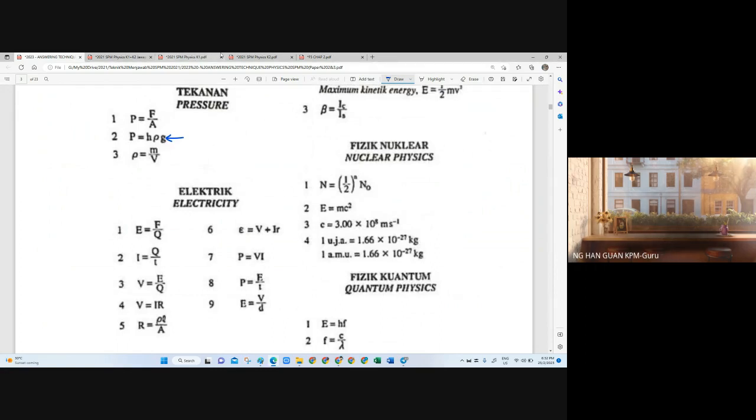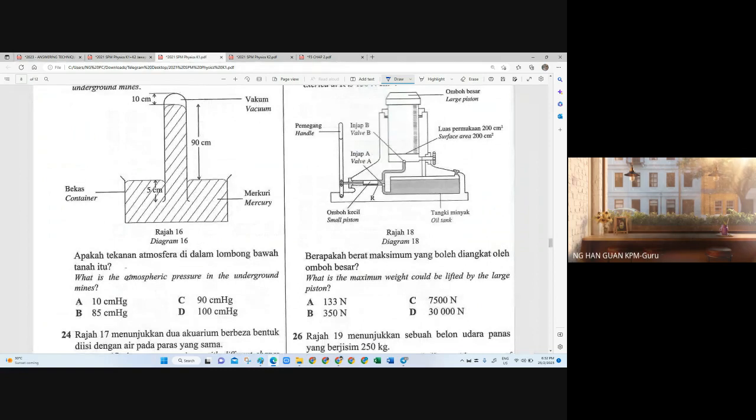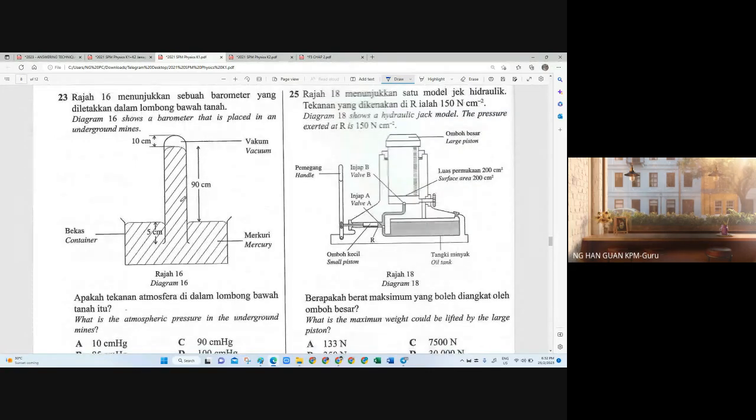All right, let's see the other questions. Example: what is the atmospheric pressure in the underground mine here? It tells you there's a vacuum inside here, and it reads 90 centimeters. Why does it say atmospheric pressure? Because the barometer only works when there is pressure acting on the surface. Since it is exposed to the surroundings, what acts on the surface here is the atmospheric pressure.